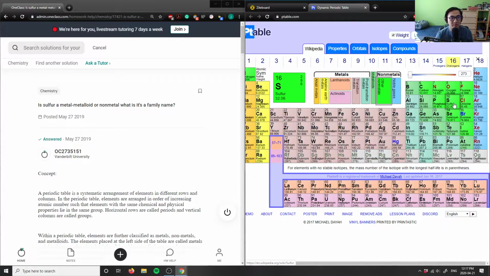If this was a test situation and I wasn't given these colors in terms of how to figure out metals, non-metals, or metalloids, the rule is, anything on the left side of the periodic table is a metal except hydrogen. So that's a very good rule to base off of, and anything that ends in -ium is a metal. You can think of it that way.